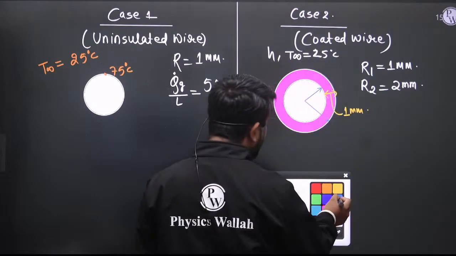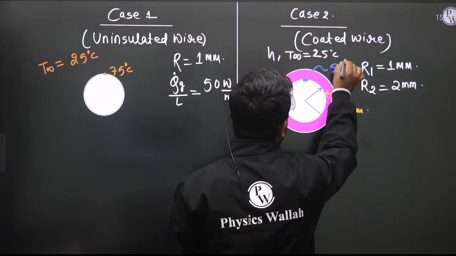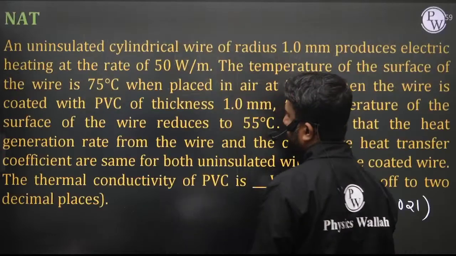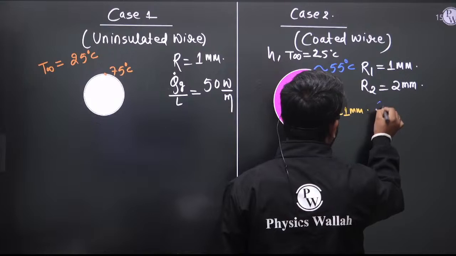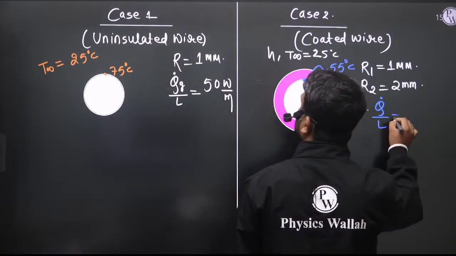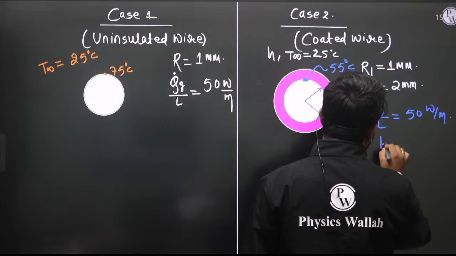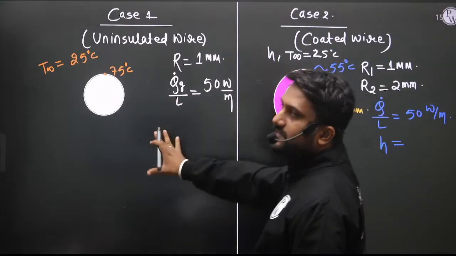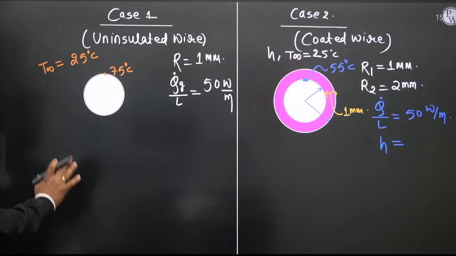The heat generation rate from the wire and the convective heat transfer coefficient are the same for both cases. So in this case Q dot by L is 50 watt per meter, and h is the same as the other case. So can you calculate h from case 1?